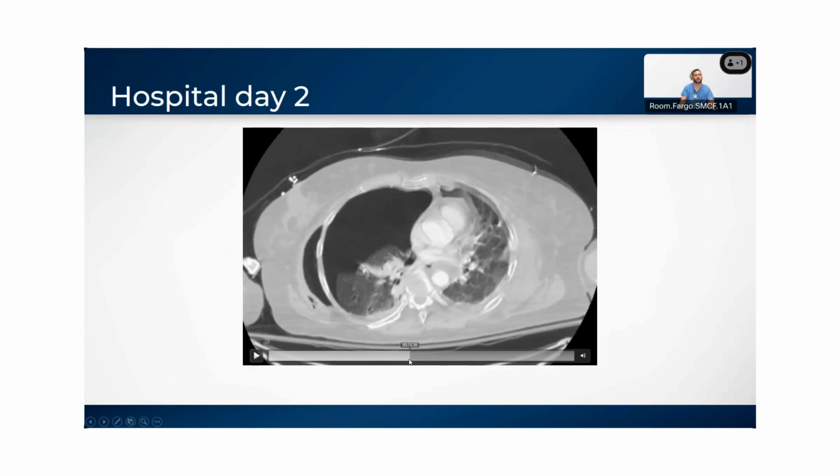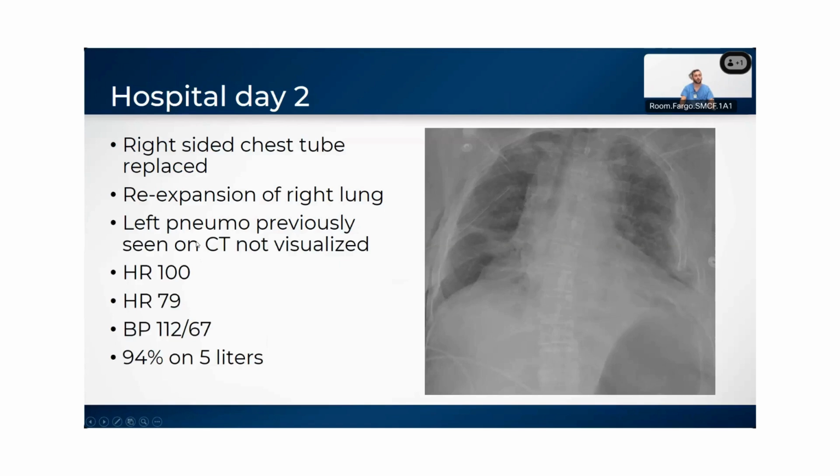If I can find the spot here, you can see that the chest tube is in the lung, right here. So the right chest tube was replaced, follow-up X-ray shows re-expansion of the lung. And then the left pneumo is not visualized. Heart rate improved, saturation was improved to 5 liters, 94%.